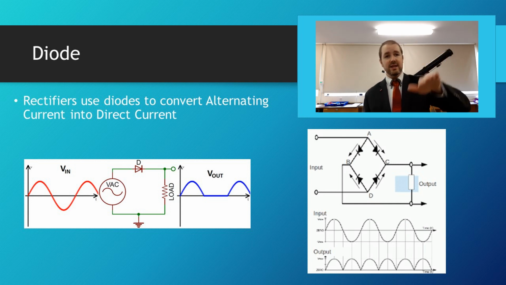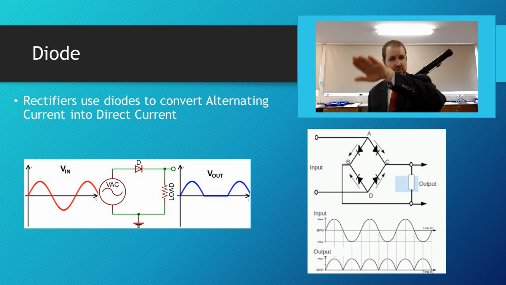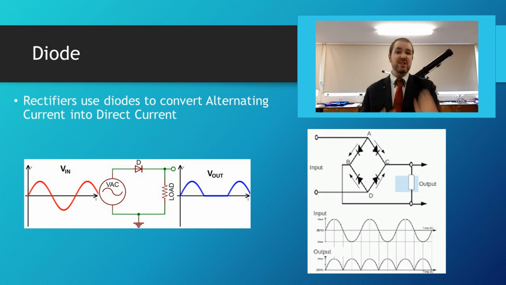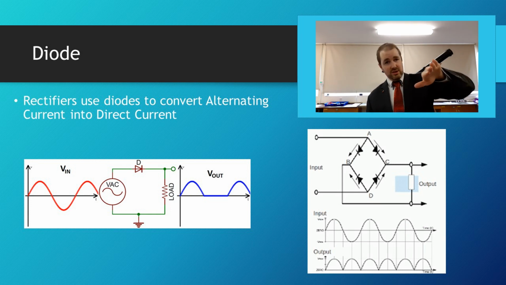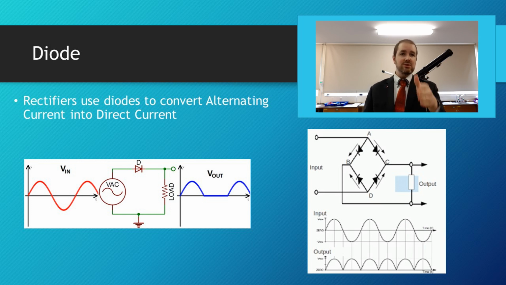Now the most simple rectifier is a single diode, and what that will do is it will take out the negative troughs of your alternating current, and you just have the positive bits. So basically positive voltage. Now a more flash version of that is going to be the diode bridge, which is 4 diodes cunningly arranged, which will allow you to convert those negative voltages into positive ones.